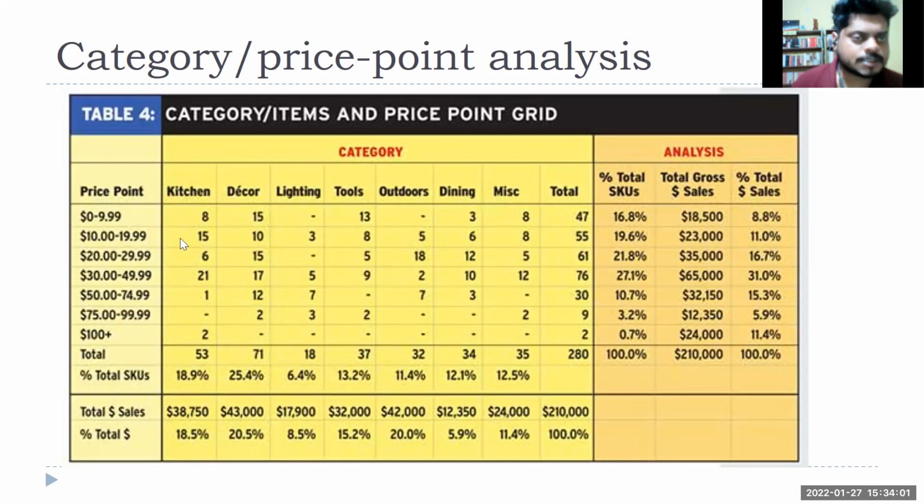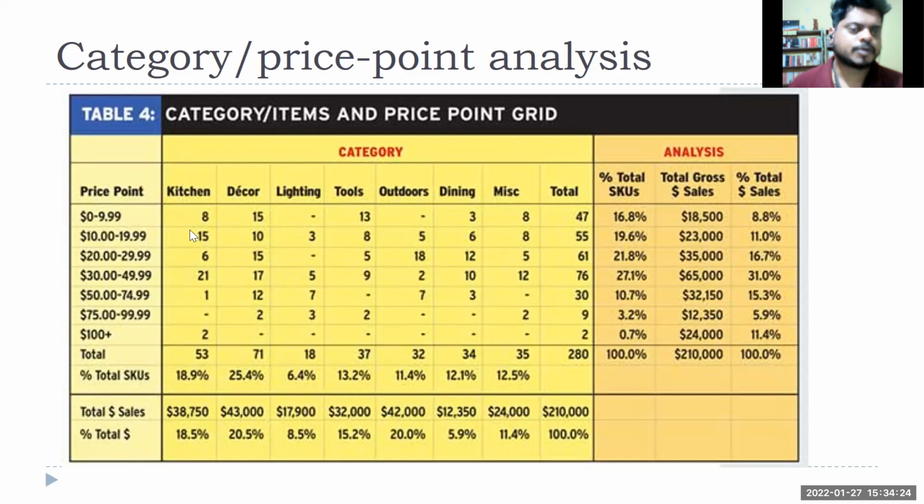So what this implies is, of all the categories, kitchen items are taking around 19% of SKUs, out of the total 280 items. Out of that, 18 or 19% of SKUs belong to kitchen items, and they are giving almost the same, 18.5% of my revenue or sales, right?